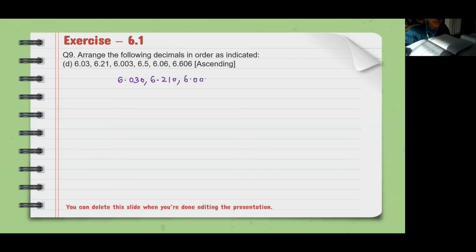Then 6.003 will come as it is. Then 6.5 will become 6.500. Then 6.06 will become 6.060. Then 6.606 will stay as it is.